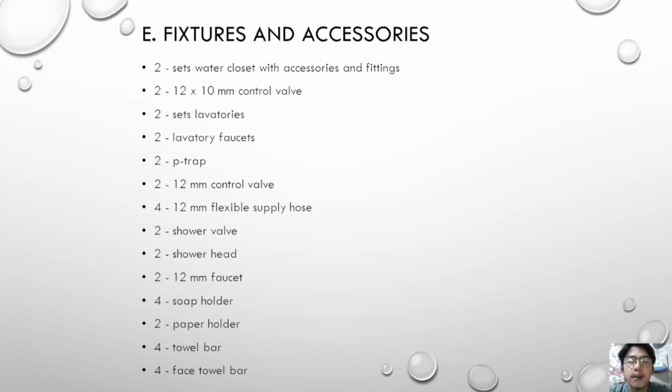Additionally, there are control valves and flexible supply hoses included for each set of fixtures. So these items are essential for the proper functioning and convenience of a bathroom or restroom in a building.